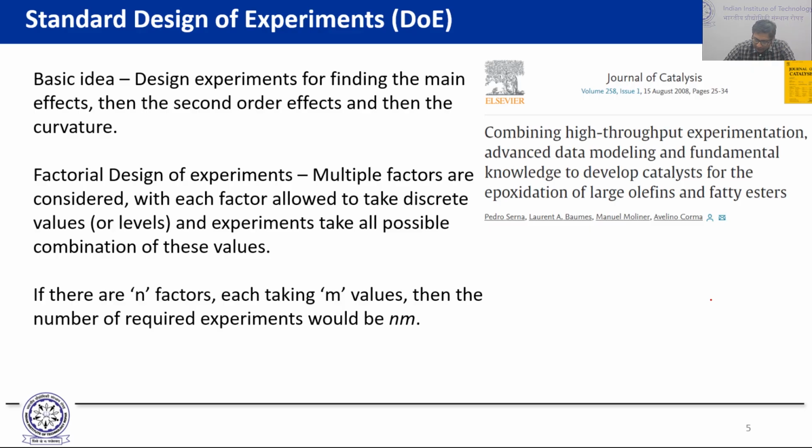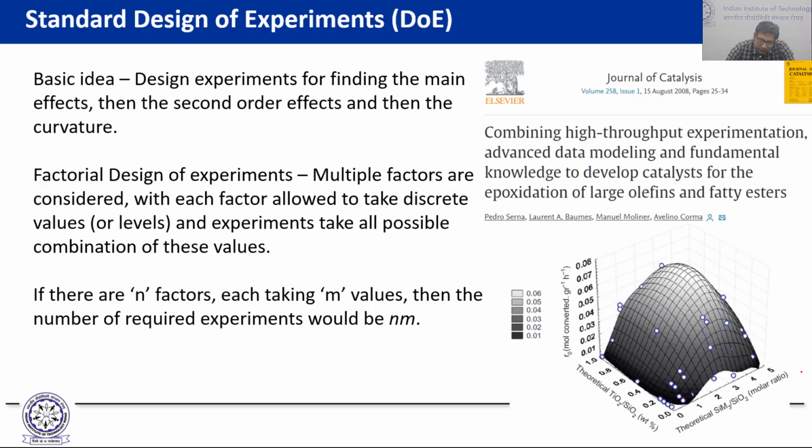Just to give you an idea, I'll put up a reference to a paper from the Journal of Catalysis, where they have employed this type of statistical design of experiments. So they're looking at different types of ratios as their factors. For example, this one is looking at the ratio of titania to silica, and so on and so forth. And then you have got a particular target value.